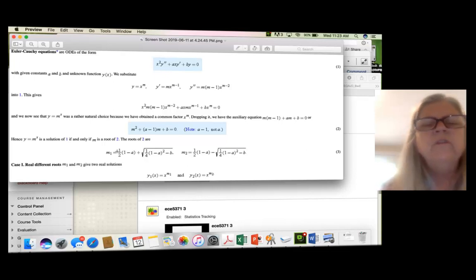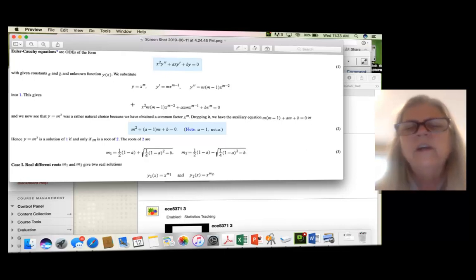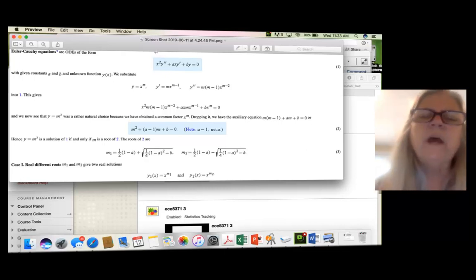When you come into your auxiliary equation and substitute in for m, if you substitute into this equation, you actually don't get the correct equation. What you have to do is come back to equation 1. What you're substituting for is the constant b, which is the same constant as in the auxiliary equation, equation 2.